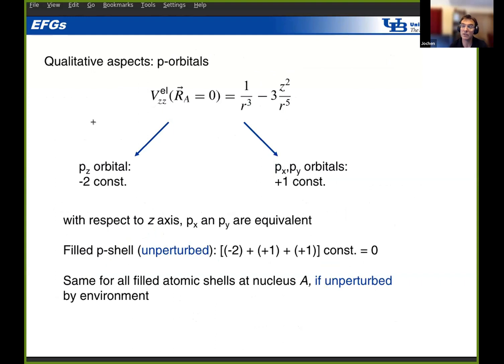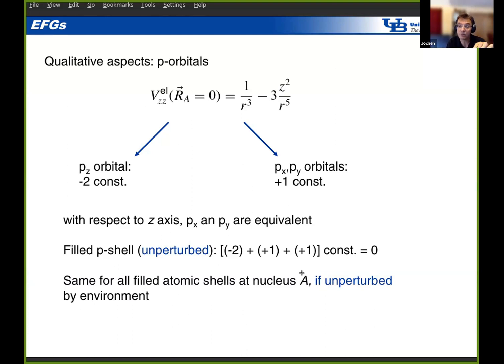If you apply this to a set of p orbitals and look at the z component of the electric field gradient, a 2pz orbital, if occupied, would contribute -2 times a constant, and perpendicular px, py orbitals would contribute +1 times the same constant each. And so if you add them together, you get the contribution from a filled shell, which is 0. Right? A spherical atomic p shell will not generate a field gradient.